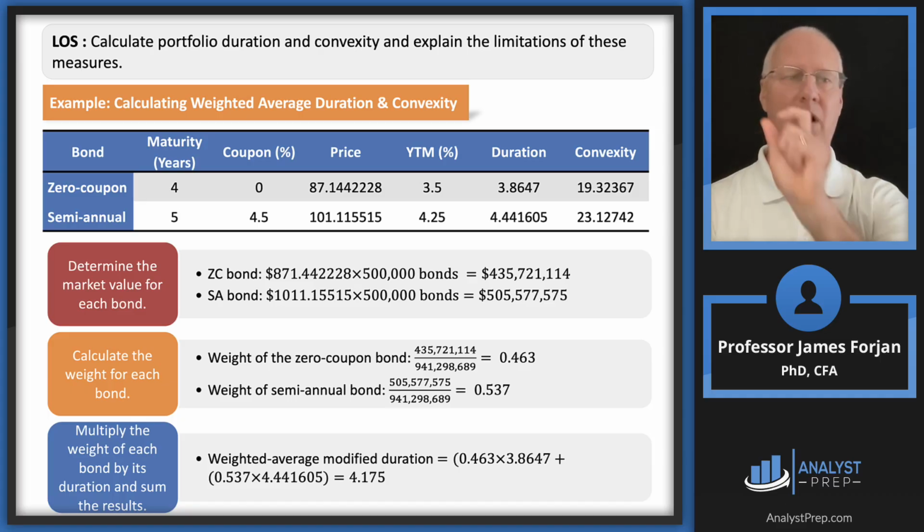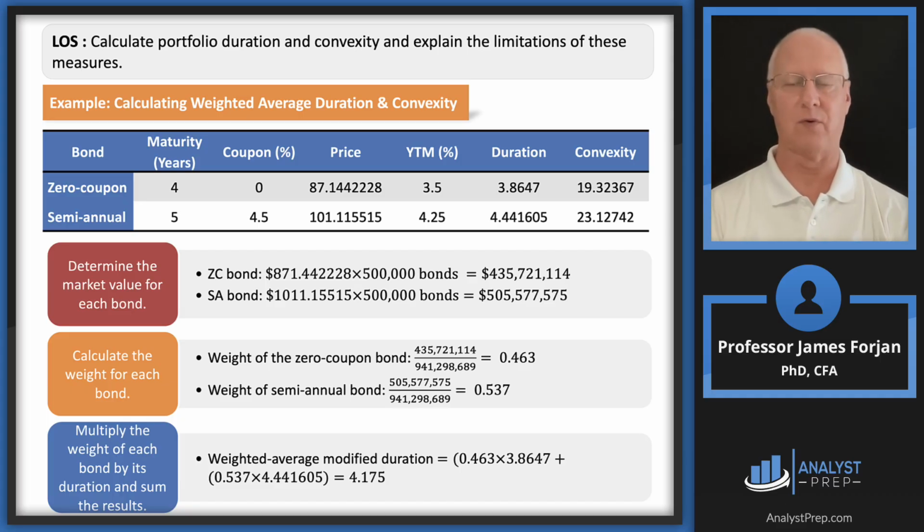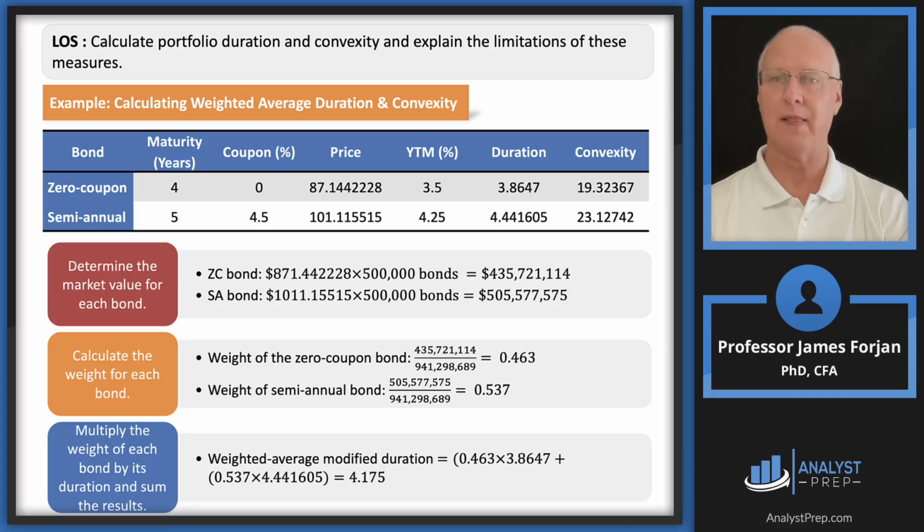If we had Macaulay duration there, you'd say 4, right? Macaulay duration is equal to the time to maturity on the zero coupon bond. But the modified duration, 3.8647, is what we're going to use to estimate the price change. That should make perfect sense.